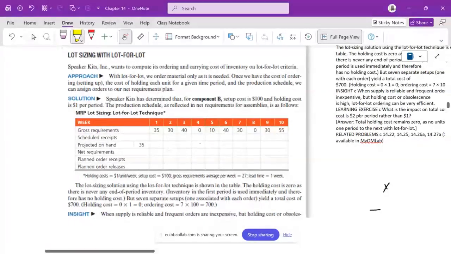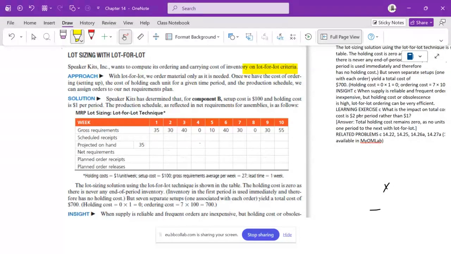Speaker Kit Incorporate wants to compute its ordering and carrying cost of inventory on lot for lot criteria, meaning you are ordering as per the net requirement. You are ordering against the demand.